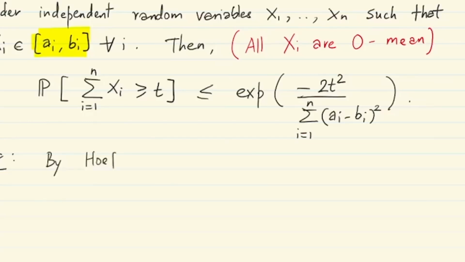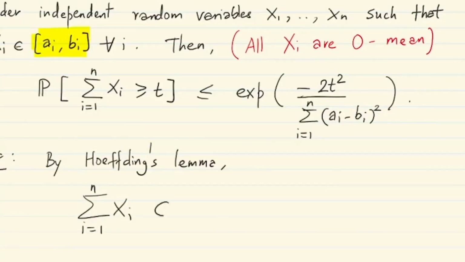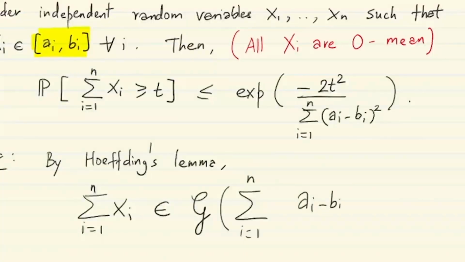So by Hoeffding's lemma, we have that the sum of these independent random variables must be sub-Gaussian with the variance parameter being equal to the sum of all their individual variance parameters, which by Hoeffding's lemma is ai minus bi the whole square by 4. Okay, so that's the proof once you have Hoeffding's lemma.